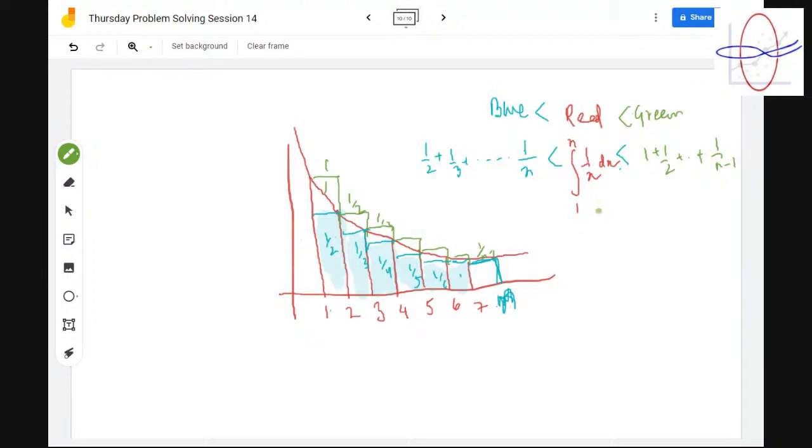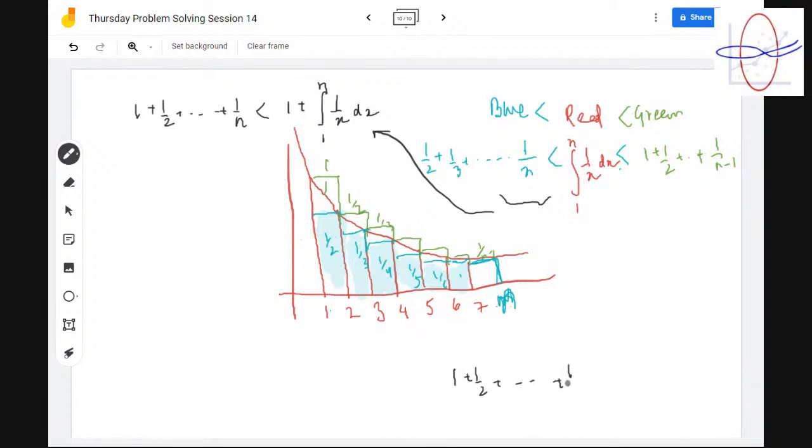So from here we get that 1 plus half plus dot dot dot 1 by n is less than 1 plus integration 1 to n, 1 by x dx. And 1 plus half plus dot dot dot 1 by n is greater than integration 1 to n plus 1, 1 by x dx. From these two we get this. Do you understand this, guys?